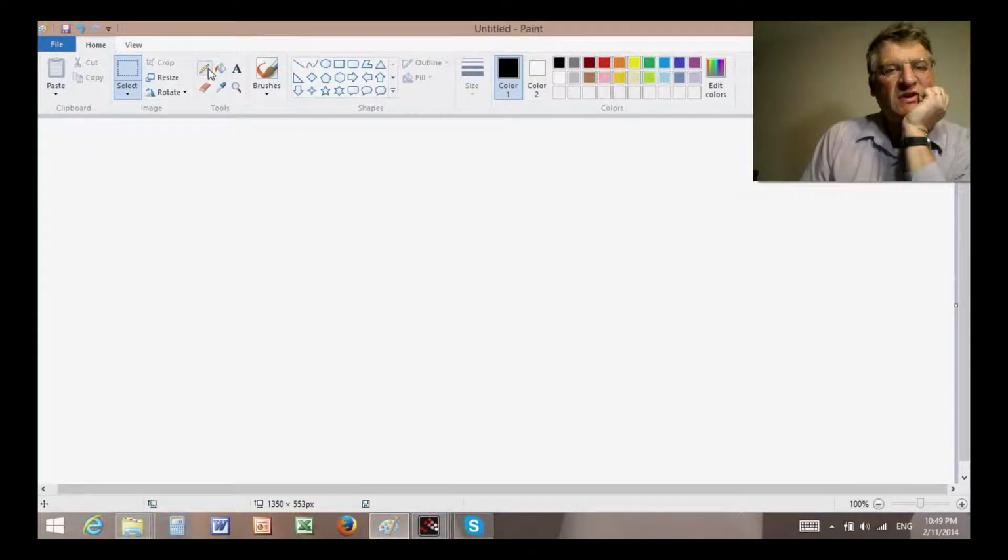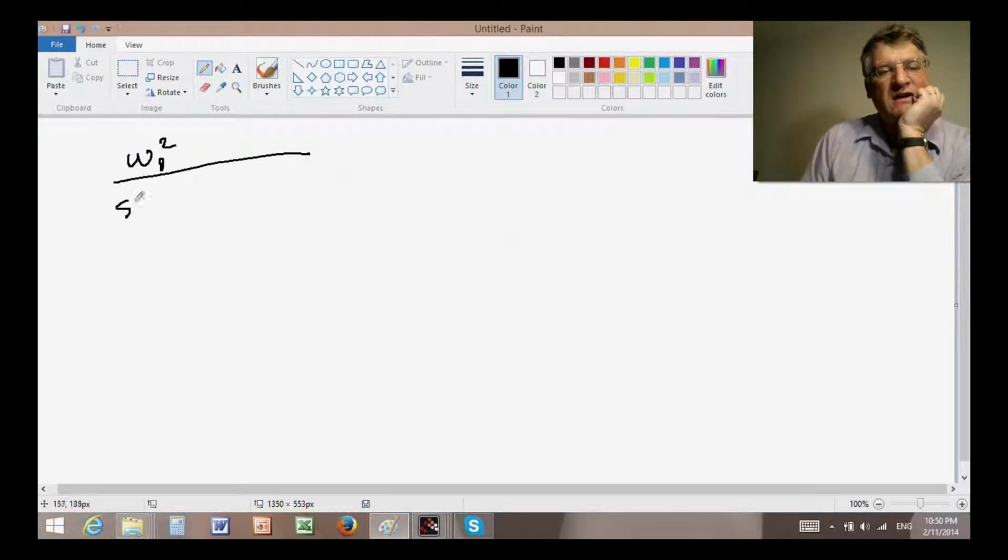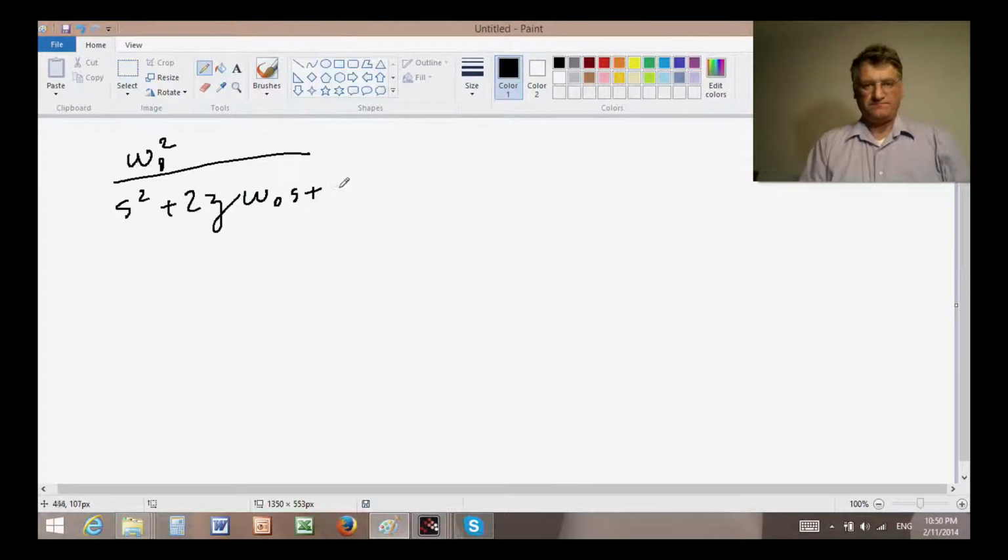And that transfer function will pick, as I said, as omega 0 squared divided by s squared plus 2 zeta omega 0 s plus omega 0 squared. Good.